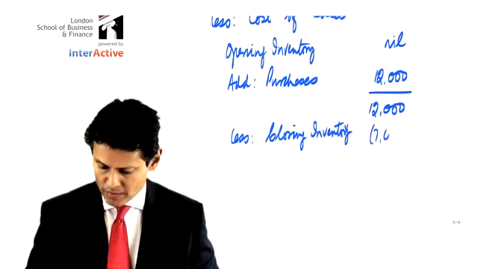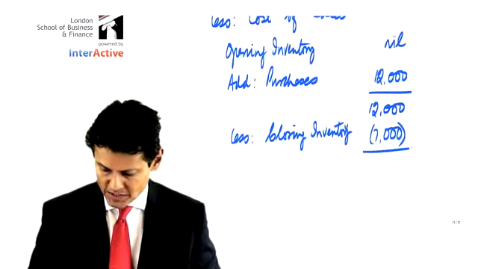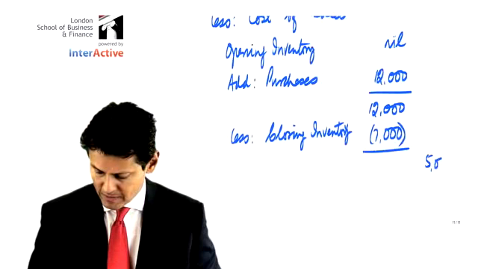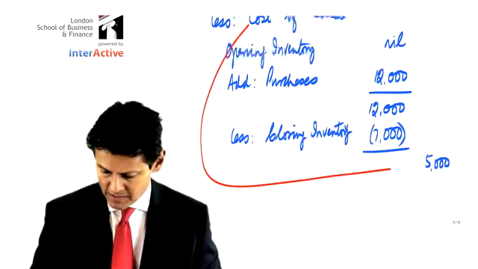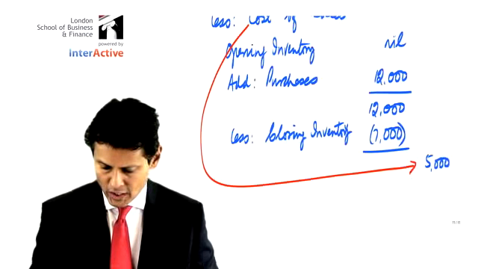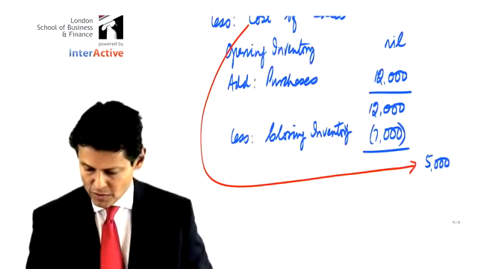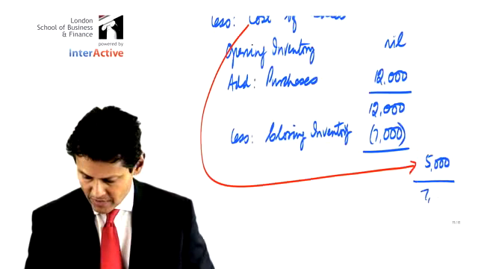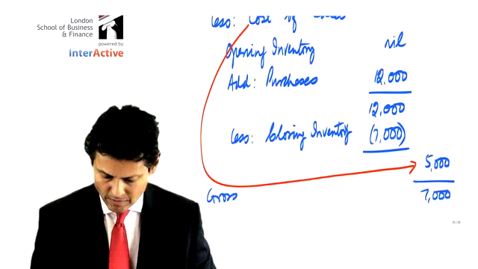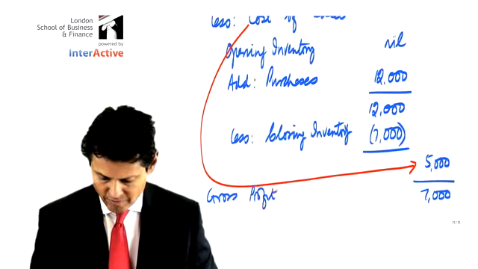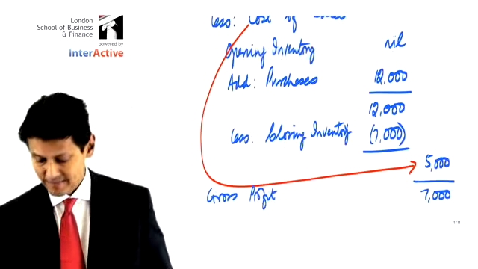That's 7,000 we were saying, which gives us, of course, 5,000, and that indeed is our cost of sales. So this cost of sales is this 5,000, which when deducted from your 12,000 gives you 7,000, and of course that is what is known as gross profit. Quite easy, really.